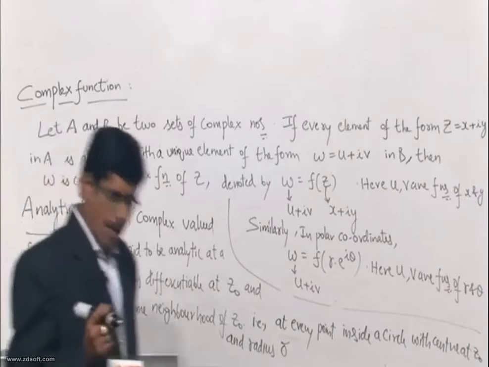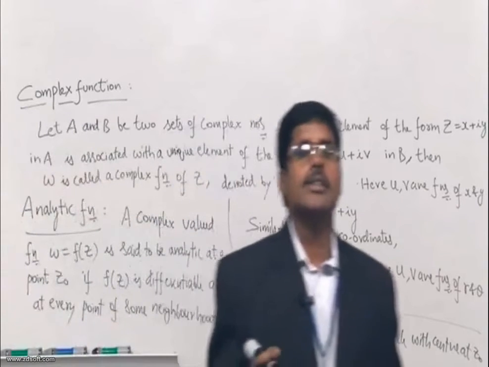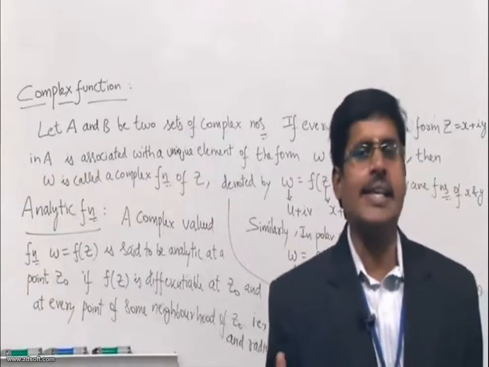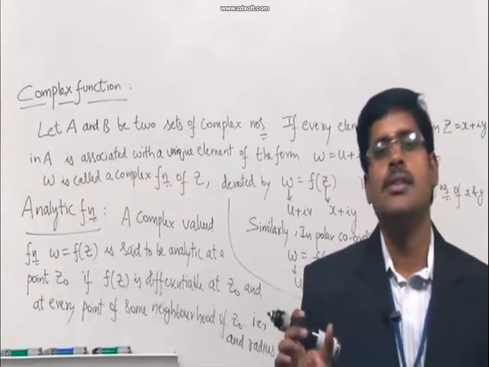So neighborhood of a complex number z0 is nothing but the set of all points lying inside a circle having center at z0 and radius delta.